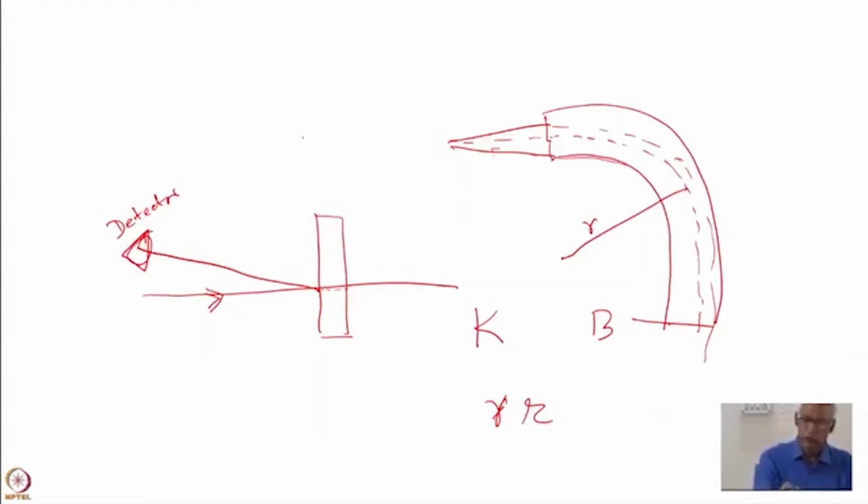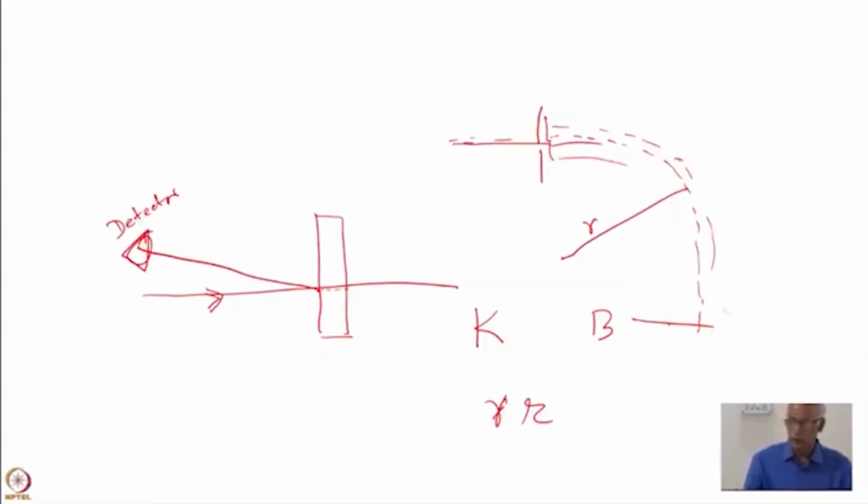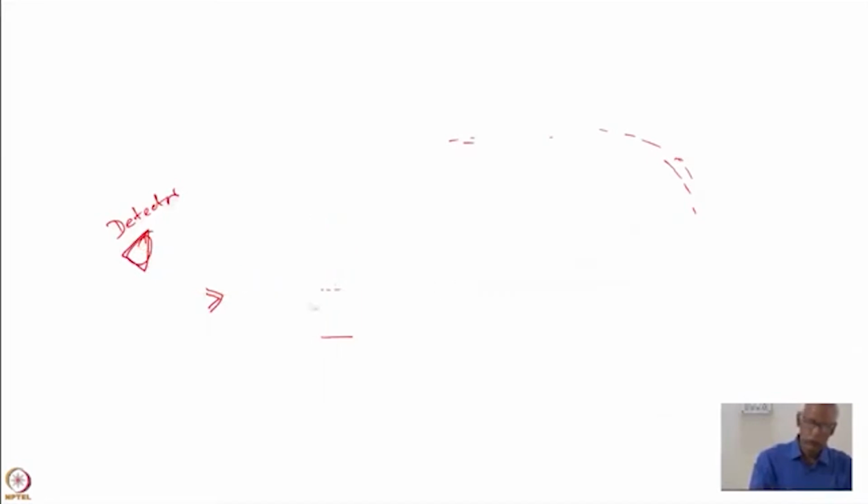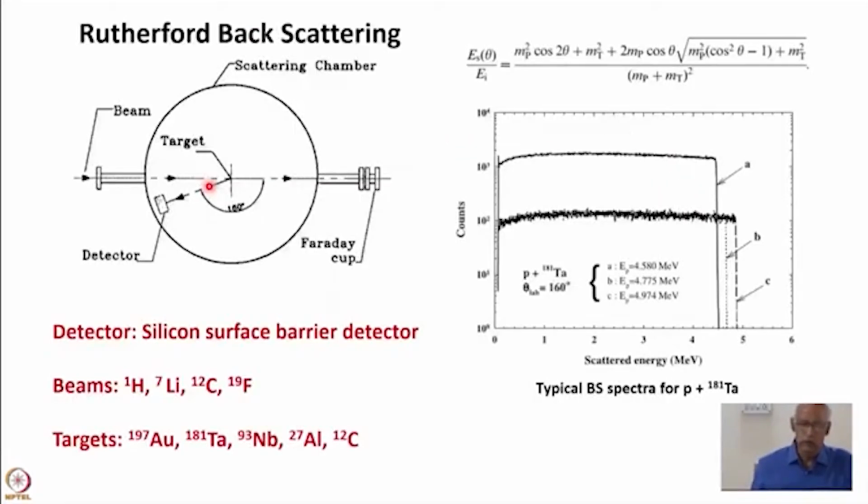So even if the beam is coming like this, we have to see that only a very small portion of the beam passes through, so that the trajectory is the central trajectory, for which the radius of curvature is well known. If your beam size is big, that can introduce error.